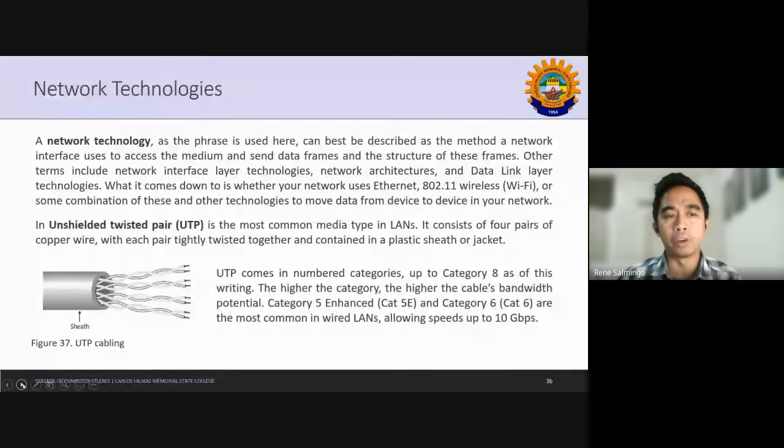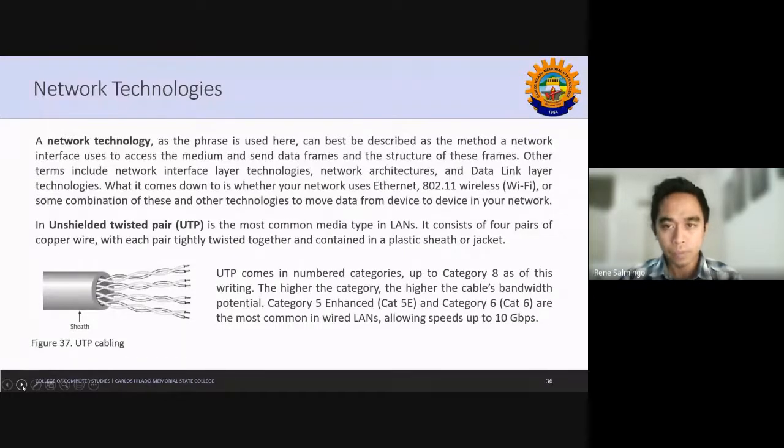But if you buy in an electronic shop, it's way cheaper. You will be asked what category you're going to buy. If you want a better cable, you will have a higher number. Nowadays, we have category 5, category 6, and category 8.